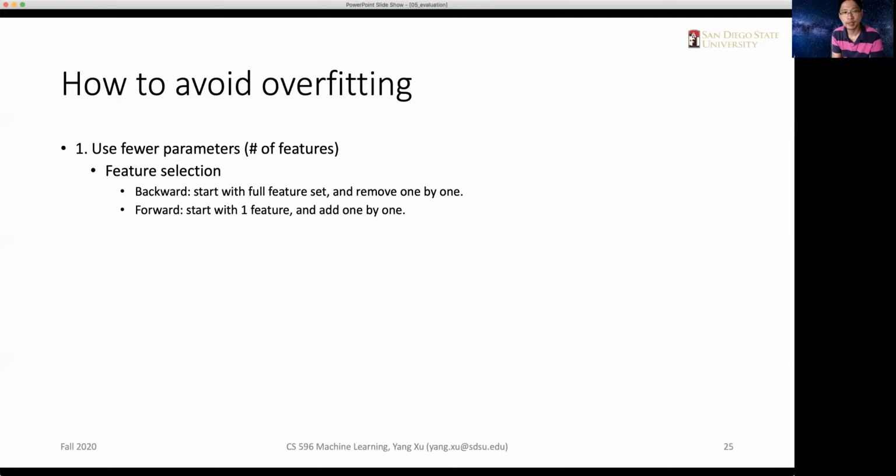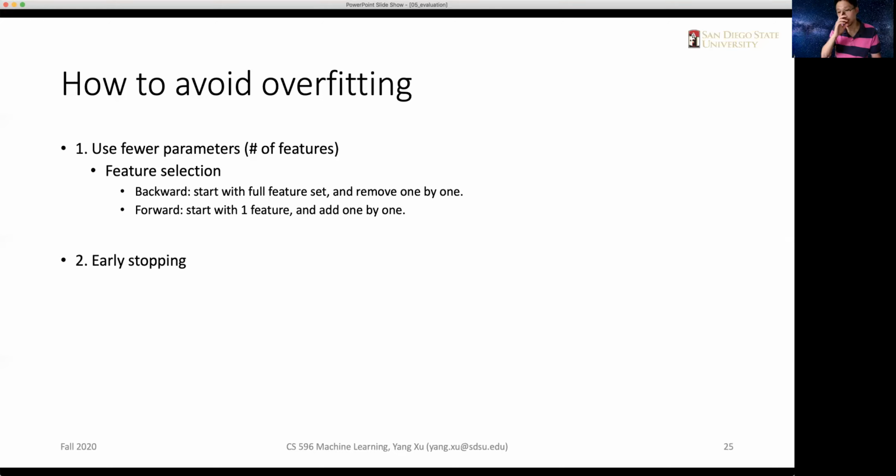I think we had a question in one of the office hours 2 weeks ago. There are several ways of selecting features. We can start with the full feature set and remove one by one and test the outcome of the model. Or we start from a small number of features, and we add features one by one.